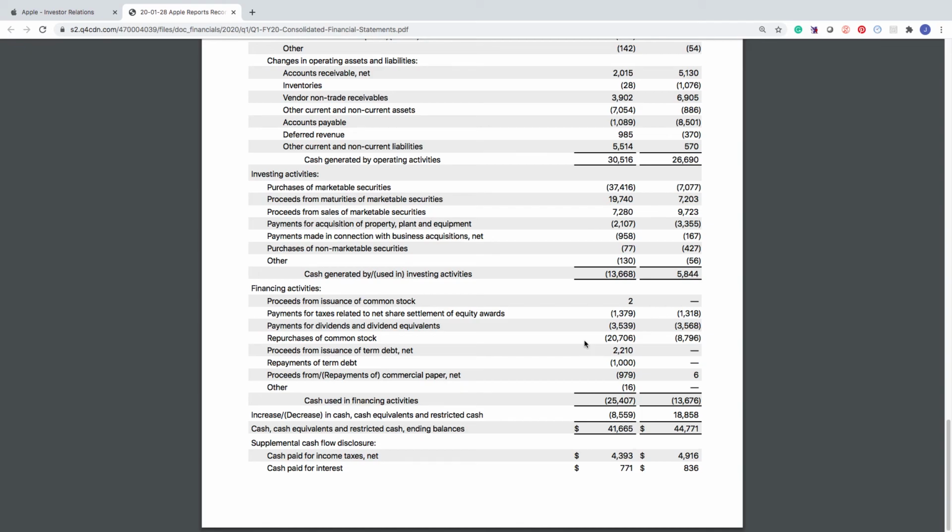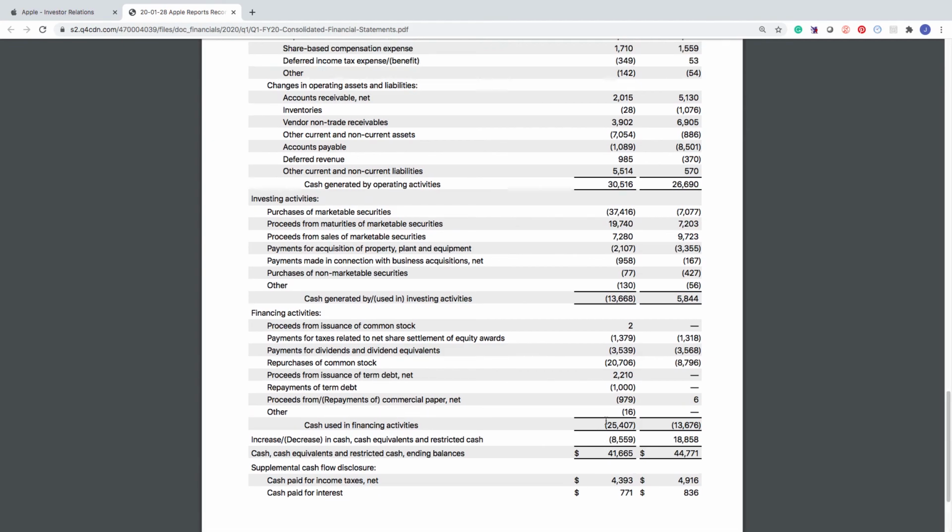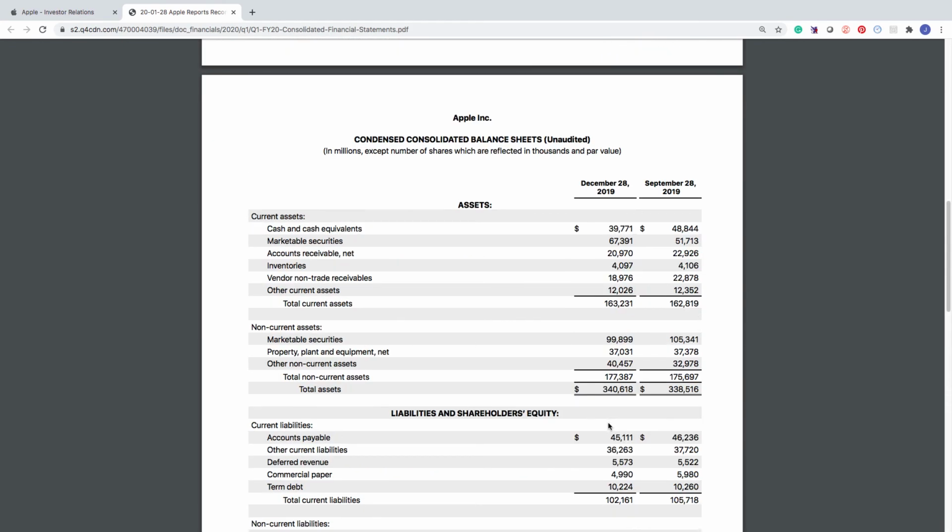So all in all, what this tells us is that despite making $30 billion this year, Apple actually had a net cash outflow of $8.5 billion. Now, for a normal company, this would be a massive amount. But for a company like Apple, this is not a big issue because if you remember, Apple has around 40 billion of cash just sitting in its bank balance.